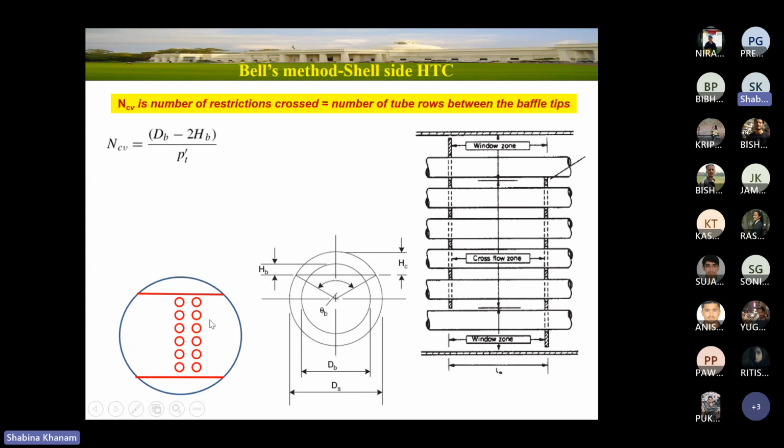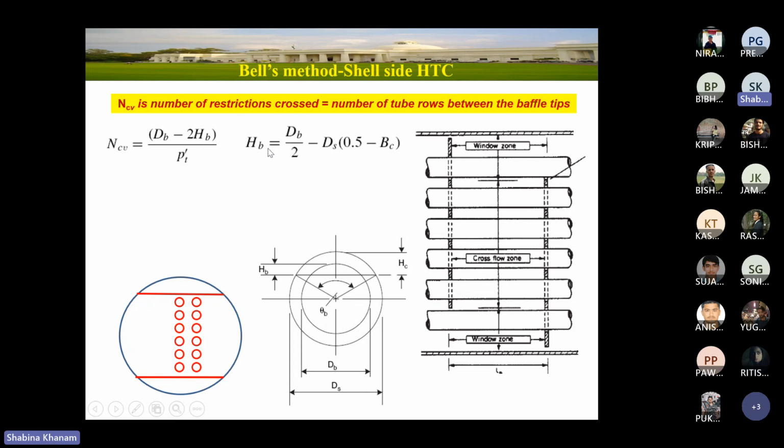In that case, PT prime will be equal to 0.87 into PT, that you need to consider. So first of all we have to find HB, and then deduct twice of HB from this bundle dia.